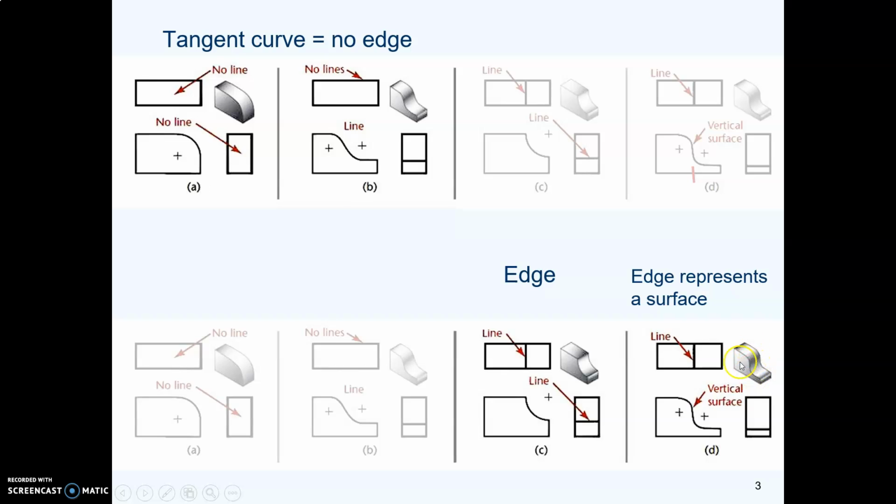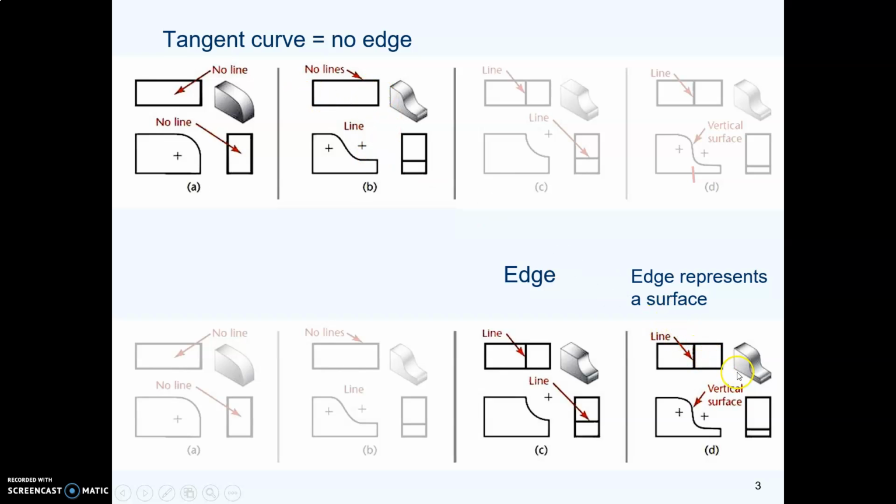When we're looking straight down on this part, now let me compare. In the upper middle, here in shape B, here's a part that has a sloping surface with curves on it. So there's no sharp edge there and no lines in the top view.